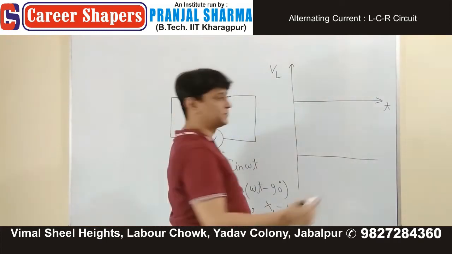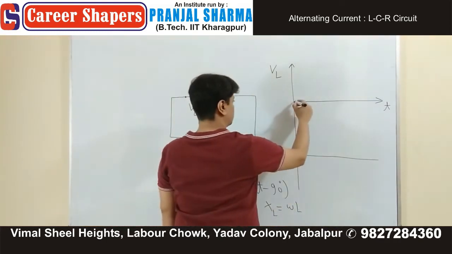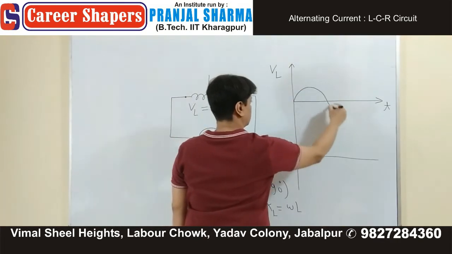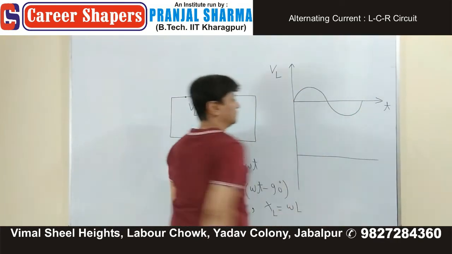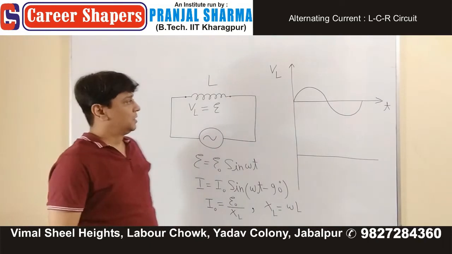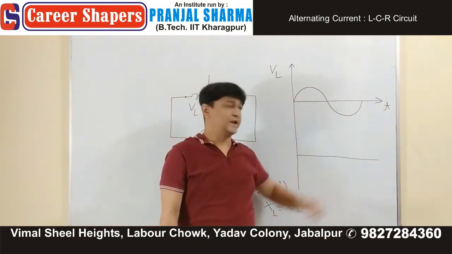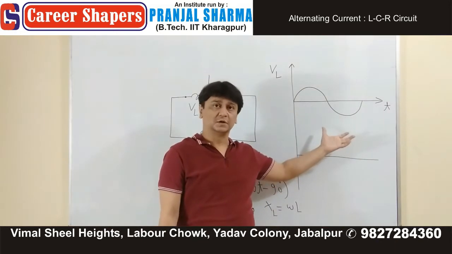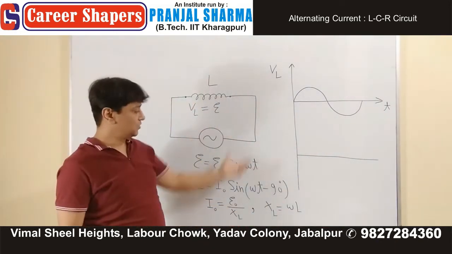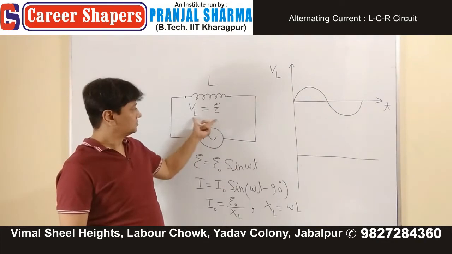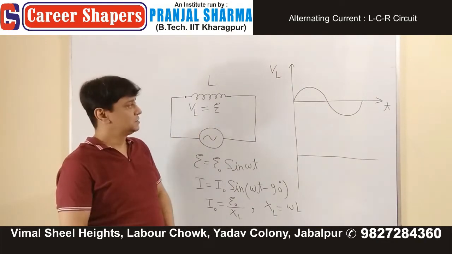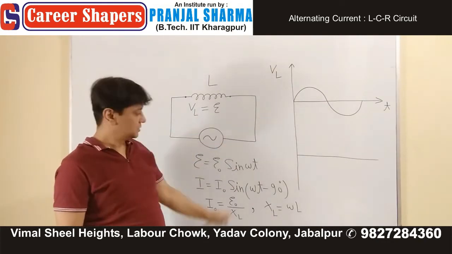So those of you who got it wrong, V versus T for sine. What is the shape of sine? This is the shape of sine. Same thing we did with pure resistor, same thing we did with pure capacitor, and we're supposed to draw the same thing for VL also. This is the graph of sine.